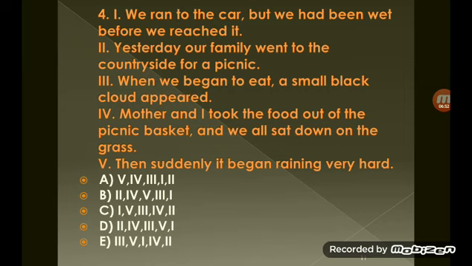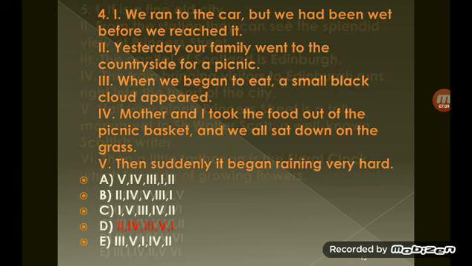When we began to eat, see, once they took the food out, now they eat. So, when we began to eat, a small black cloud appeared. Then, fifth one. Then suddenly it began raining very hard. See, the cloud appeared and then it began to rain very hard. And then they ran to the car, but we had been wet before we reached it.